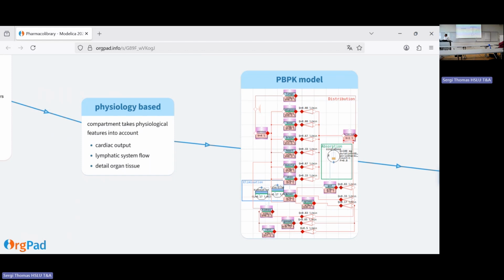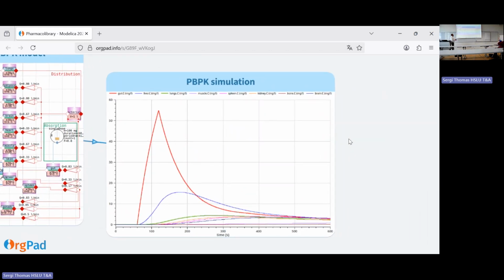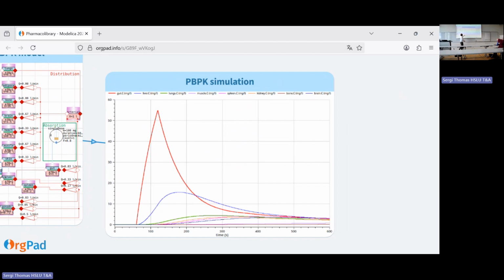And for example, when you simulate it, only 10 minutes after some time, it is absorbed to the gut, but the highest concentration is in the liver. And in the liver, there may be the most significant metabolic changes to the drug.